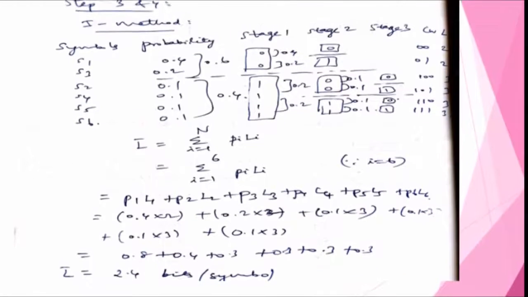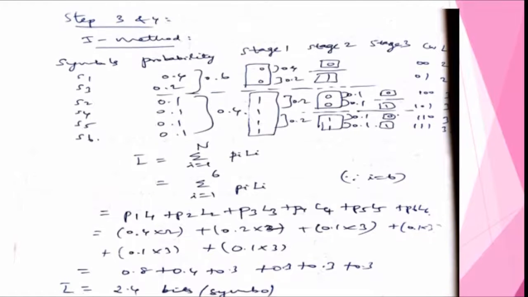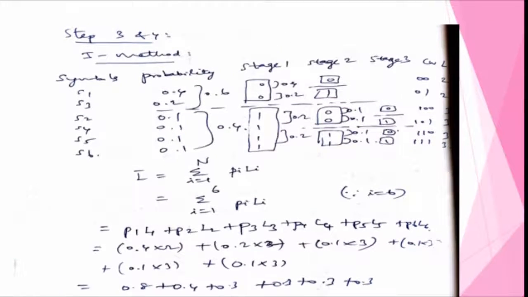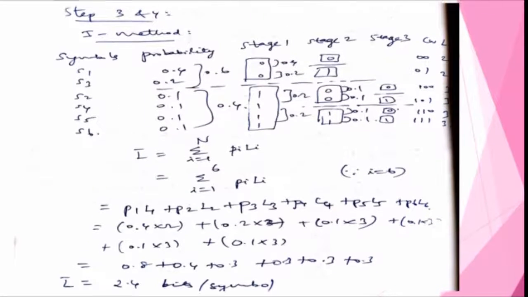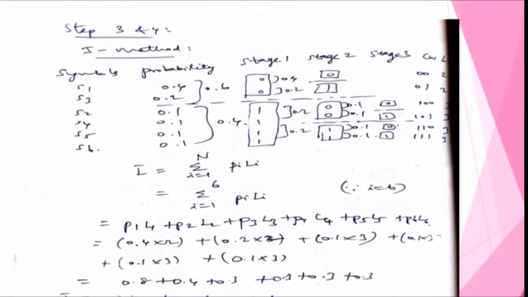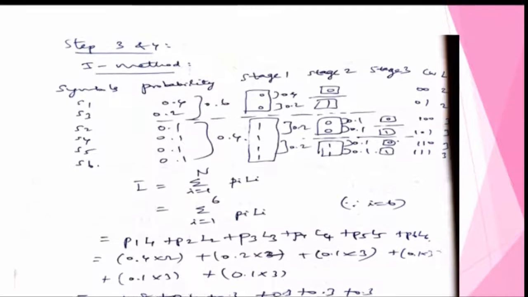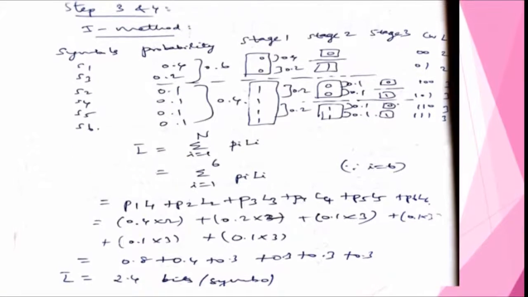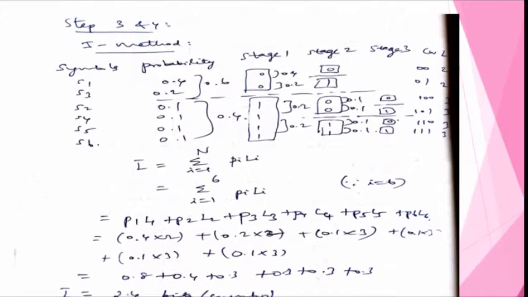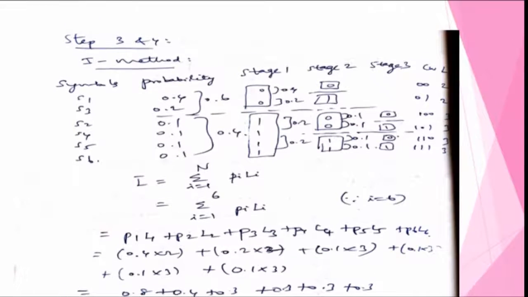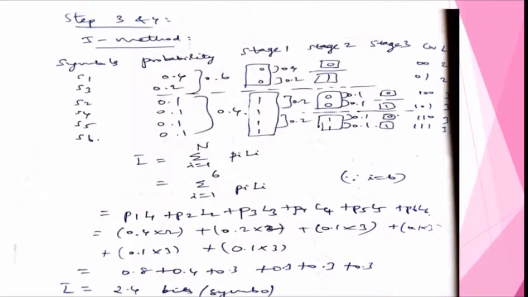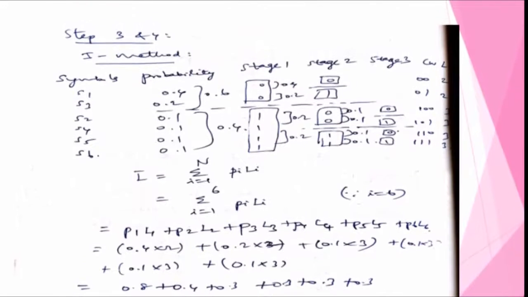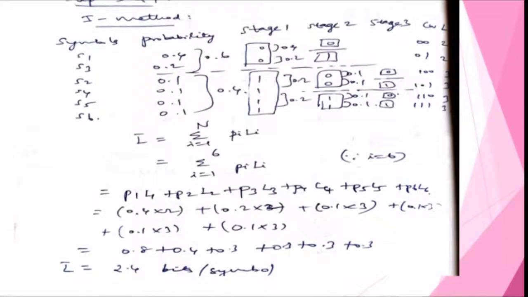Again, this 0.4 is split into 0.2 and 0.2. In stage 2, the 0.2 is split into 0.1 and 0.1, and the other 0.2 is again split into 0.1 and 0.1. In stage 3 we form zeros and ones for these two zeros, and similarly for these two ones.